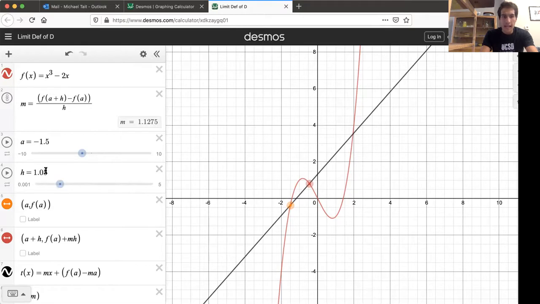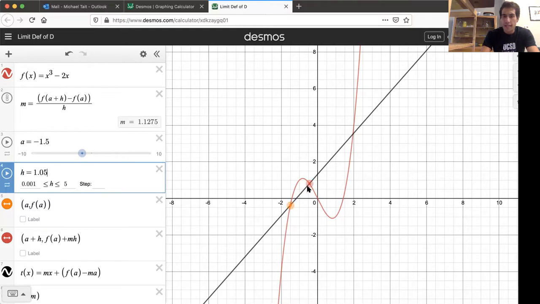I can take progressively smaller average velocities. Right now, what is this graphing? It's graphing the average velocity between a equals negative 1.5 and a plus h. So I'm going to be able to slide h here.